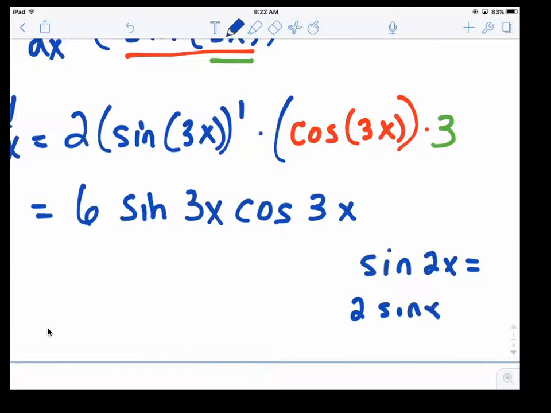There we go. That's one of your double angle identities. So if you're taking the same angle here, you can replace that with sine of 2x. So you double whatever your angle is on the inside, right? So if I doubled my angle, that would give me 6, so that would give me sine of 6x.